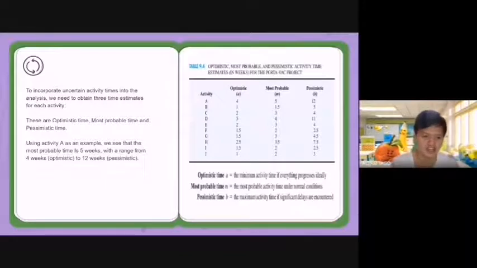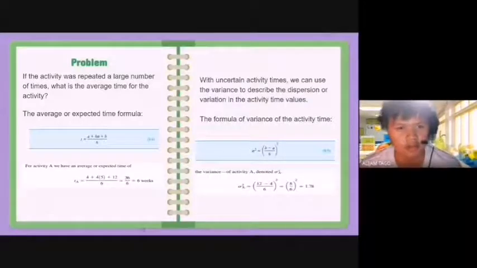Using activity A as an example, we see that the most probable time is 5 weeks, with a range from 4 weeks to 12 weeks. Here's the problem: if the activity was repeated a large number of times, what is the average time for that activity?